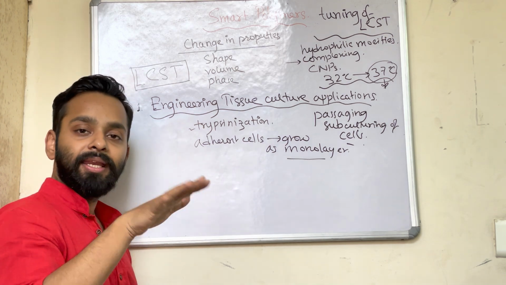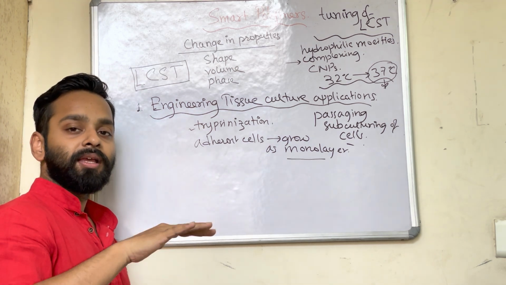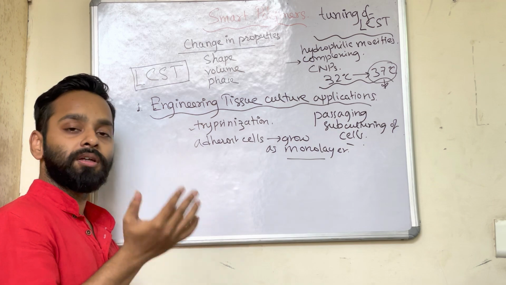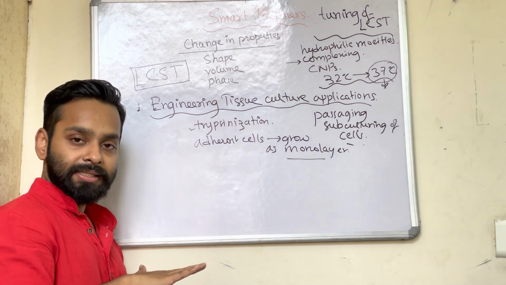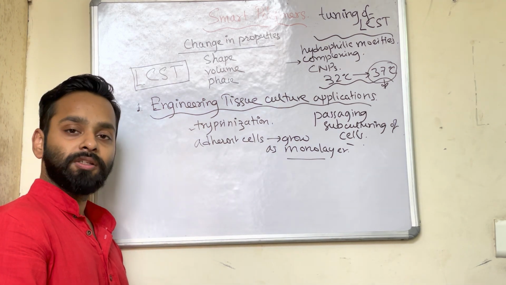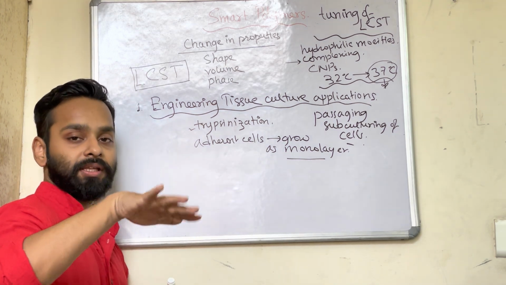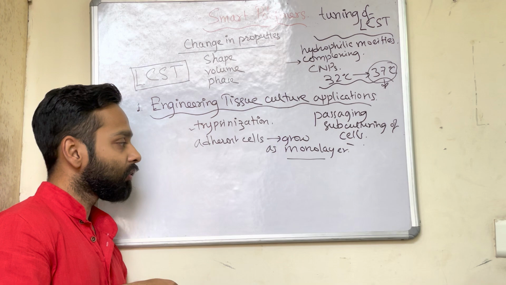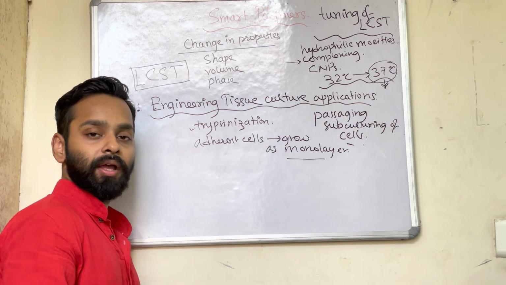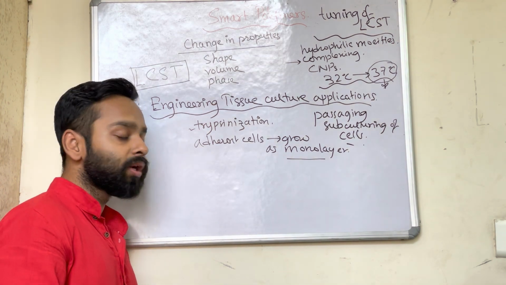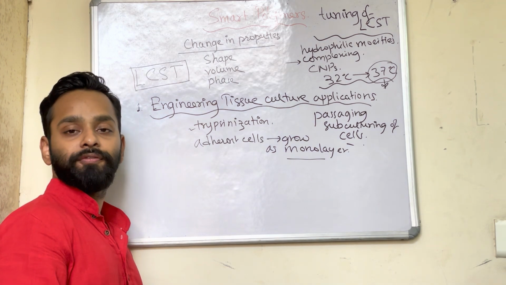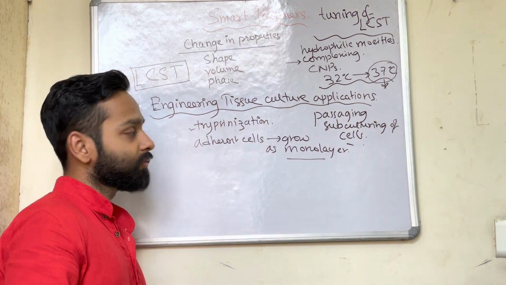Once that area is covered, it prevents the further growth of cells, because on such a flat, two-dimensional surface, these cells will only grow on the surface of the growth plate, and that growth will be in the form of a monolayer, or a single layer of cells growing on the surface.